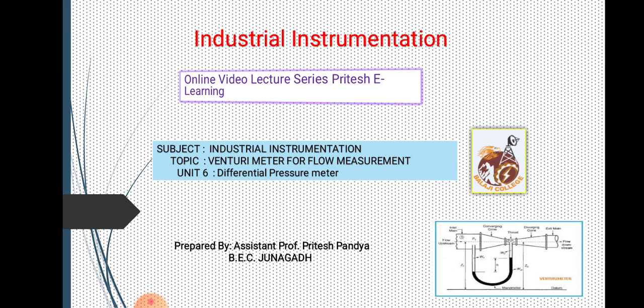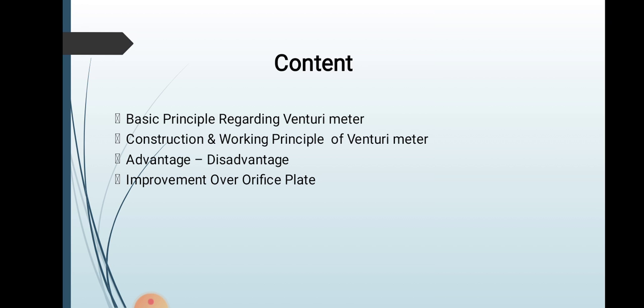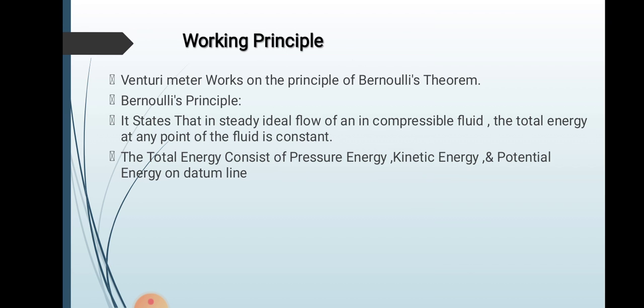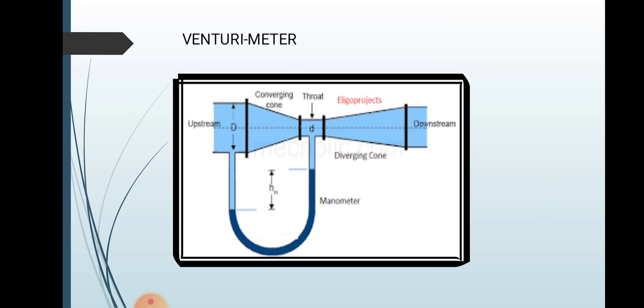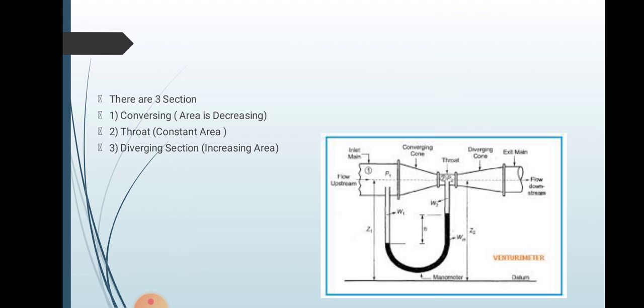It states that in a steady ideal flow of an incompressible fluid, the total energy at any point of the fluid is constant. Generally a manometer is used for measuring differential pressure, and the venturimeter is widely used compared to orifice plate. The working principle is based on Bernoulli's theorem.